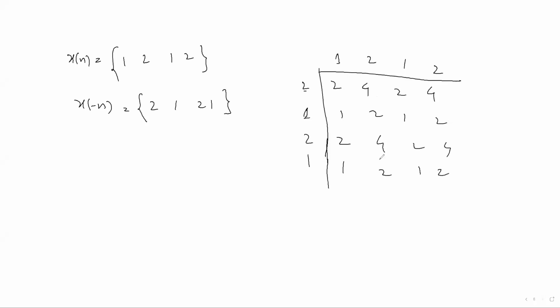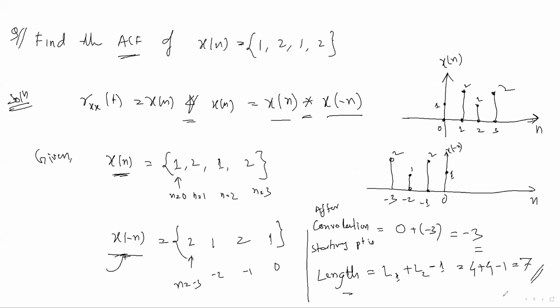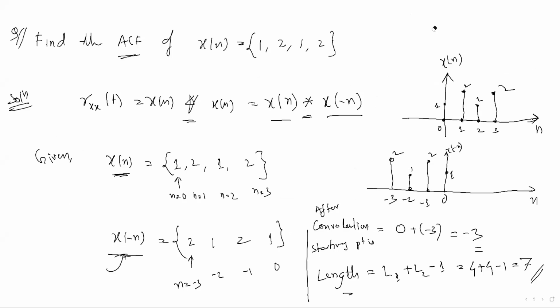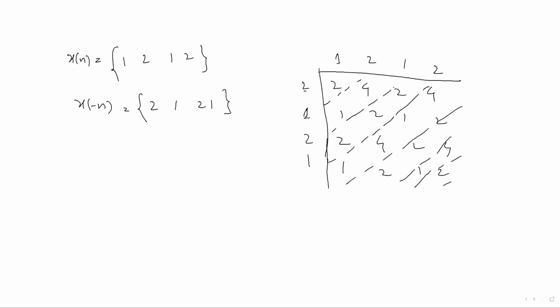After finding this multiplication, you separate these values along the diagonals, and then the convolved signal y of n, or the correlation, you can write as Rxx. One minute has left.